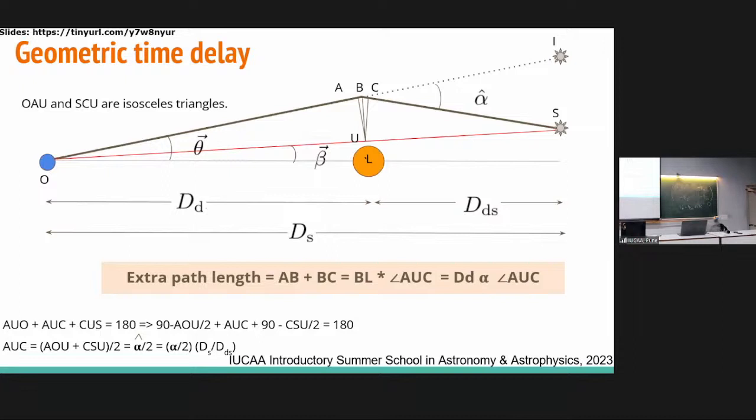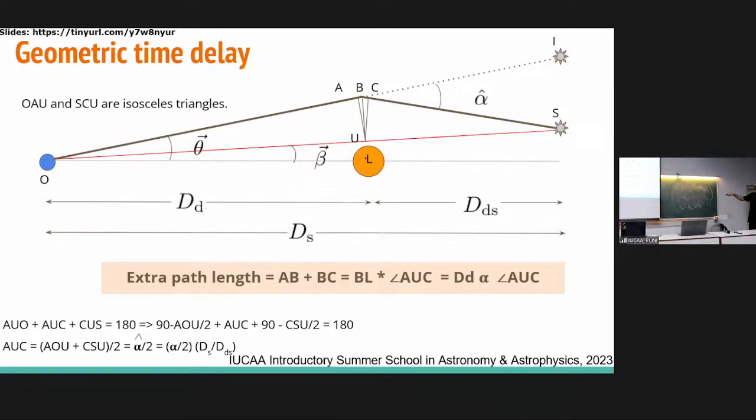So when you do that, you can write down this particular angle in terms of the angle. So it turns out to be 90 minus AOU by 2. Similarly, here you can write the other angle CUS as 90 minus CSU by 2. Now you take this equation, there's 90 here, 90 here, 180 here, so you can cancel it all out and express this AUC in terms of AOU and CSU.